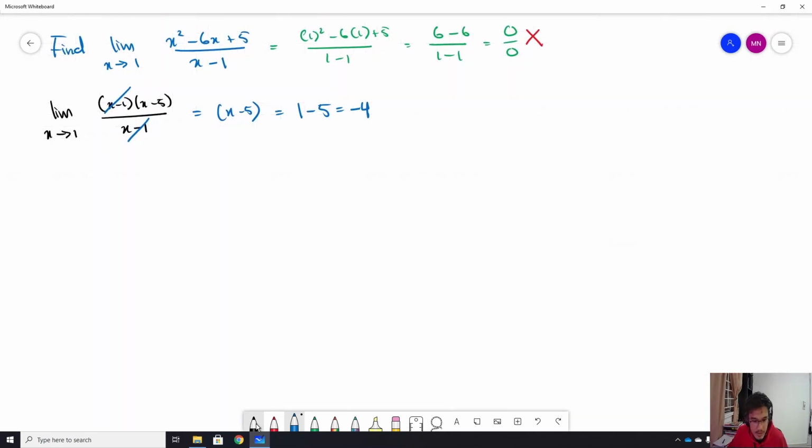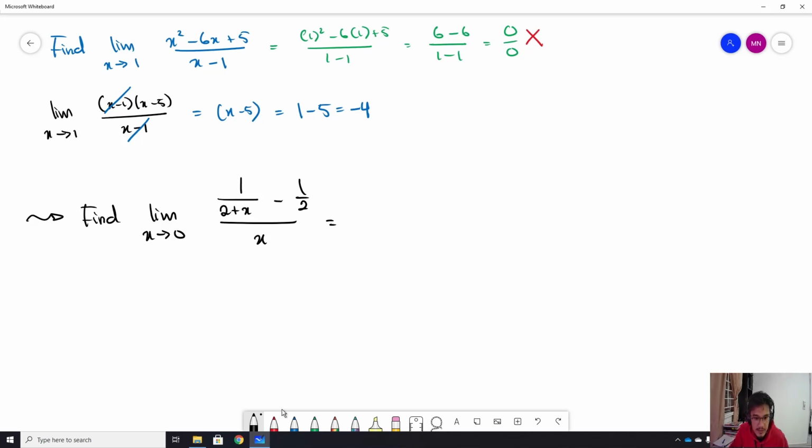Alright, then let's look at the next question. Find the limit as x approaching 0 for the function 1 over 2 plus x minus 1 over 2, all over x.